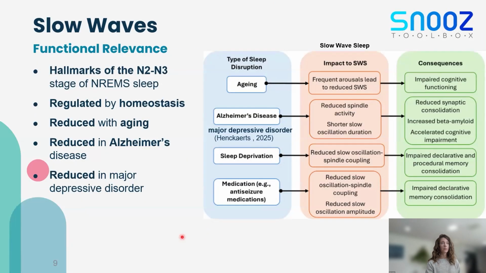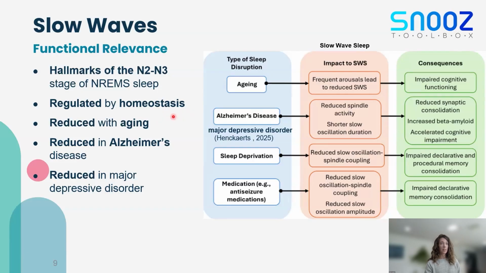Now I would like to briefly present the functional relevance of detecting slow wave events. Slow waves are a hallmark of non-REM sleep, particularly N2 and N3. They are strongly regulated by sleep homeostasis, as we've seen with the picture in the spindle introduction.